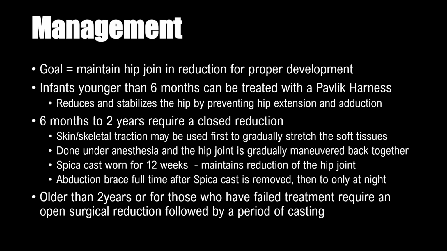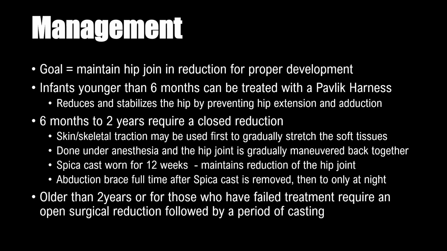And then we go on to ages 6 months to 2 years, and this is when a closed reduction is required. This is typically done under anesthesia. This is not a surgical treatment, but the hip joint is manipulated and maneuvered gradually back together.